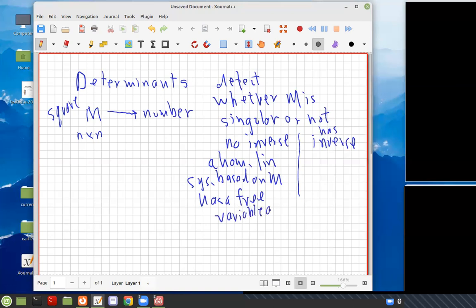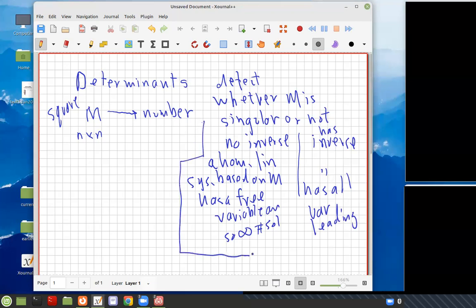And so an infinite number of solutions. On the other hand, if it is non-singular, then the homogeneous linear system has all variables leading.